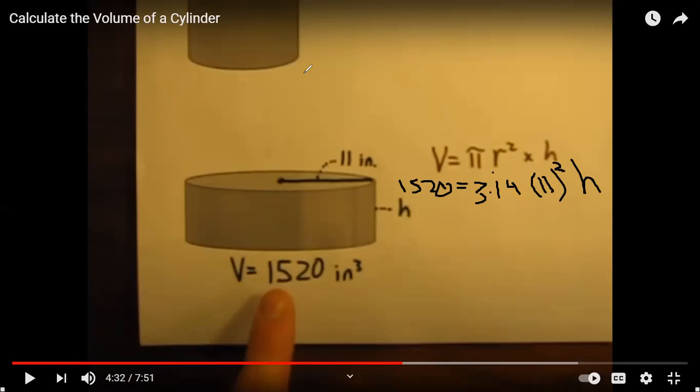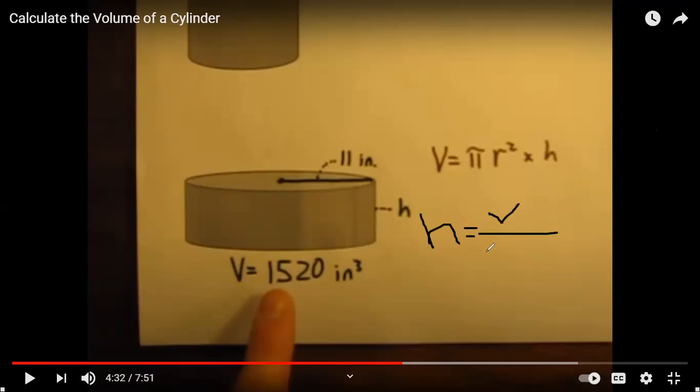Or from the beginning, we can say that we will solve for h. So to solve for h, the answer will be h equals volume divided by pi r squared.